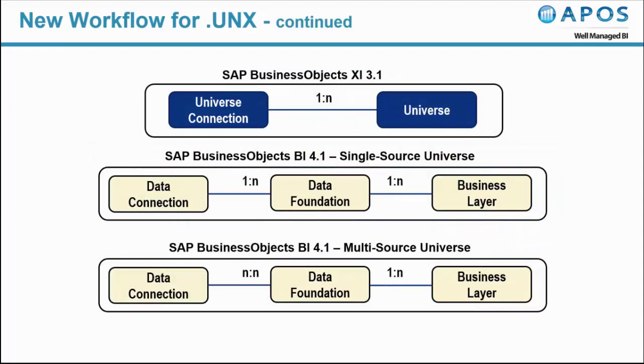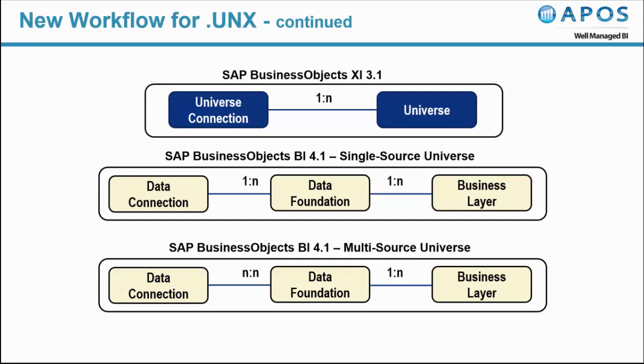So if we look at this just a little bit differently, you can see the differences between the UNV and the UNX. In the UNV world, one connection can be utilized by many UNV universes, but there can be one and only one connection per universe. In the UNX world, one connection can still be used by many UNXs, but there's also the possibility of having many database layers, business layers, based upon that one foundation.